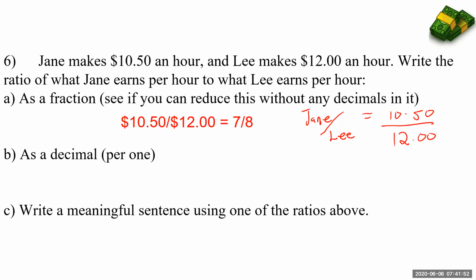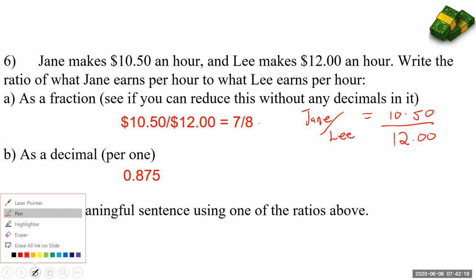And then I'll multiply 12 by 10, and that will also give me what? 120. Now, when we reduce that, that will give us the reduced fraction of 7/8. Is that okay? Sweet. Now, let's go as a decimal. So as a decimal, just put that on your calc, and that gives you the decimal form of the number.